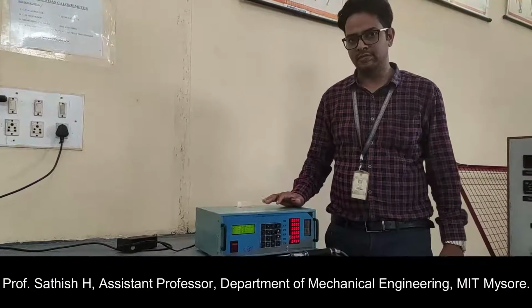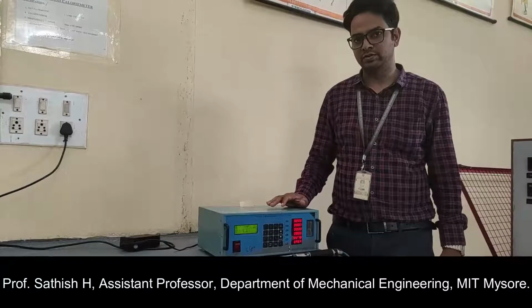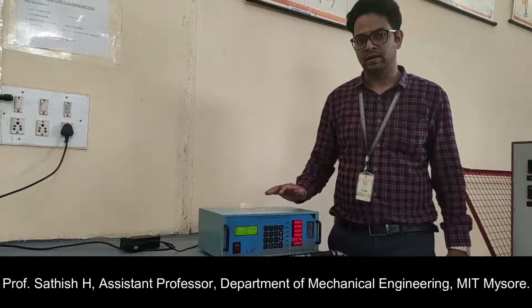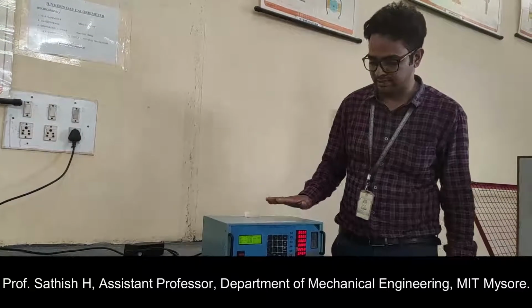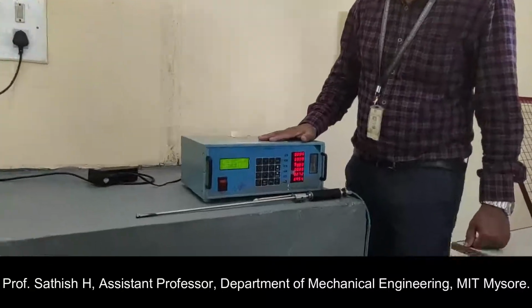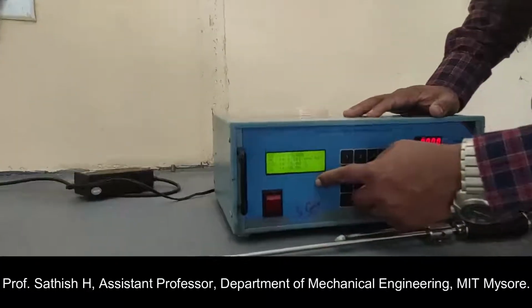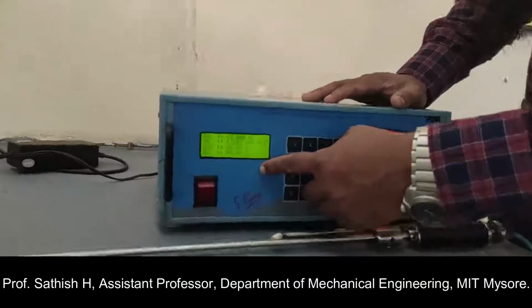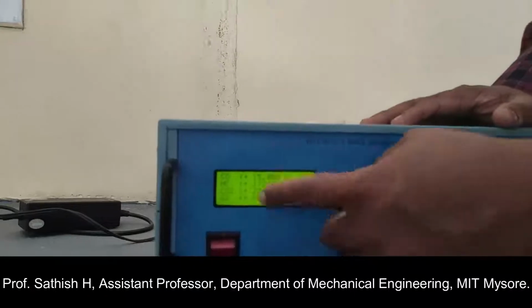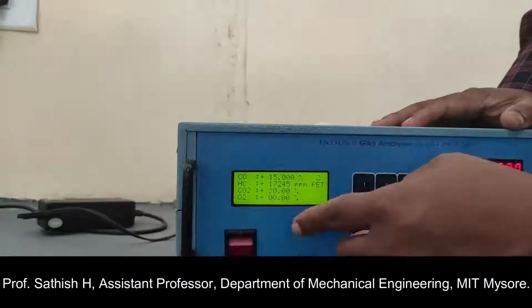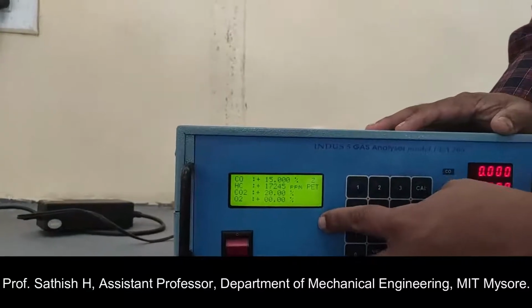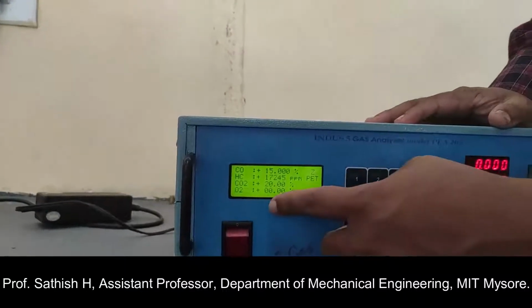This is the device which is used to analyze the emissions, called a gas analyzer. It has a display panel where you can record the volumes of the various pollutants, for example carbon monoxide, hydrocarbons, carbon dioxide as well as oxygen.